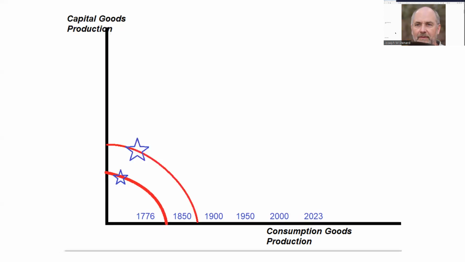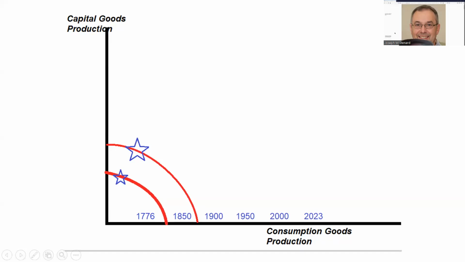So, because the country had chosen a more capital focused production possibilities frontier in 1776, by 1850, the economy had grown much larger. So that's represented by this red line that's further out, that there's more things that are possible in 1850, more production. You could make more of everything in 1850 than you could in 1776.